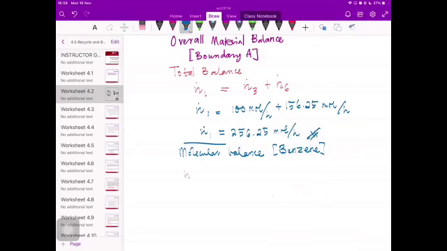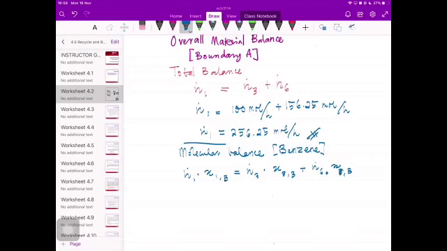We have N1 times X1 benzene is equals to N3 times X3 benzene plus N6 times X6 benzene.